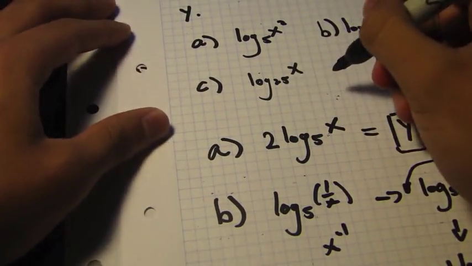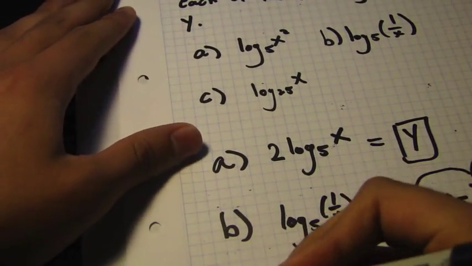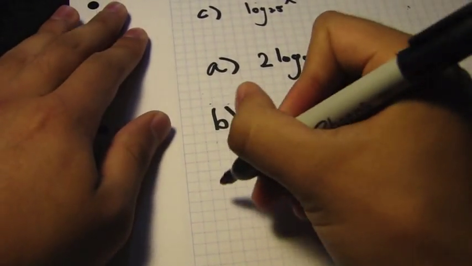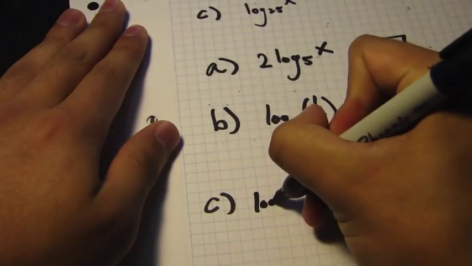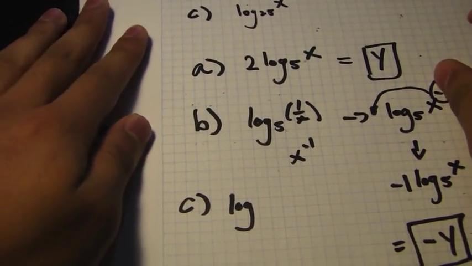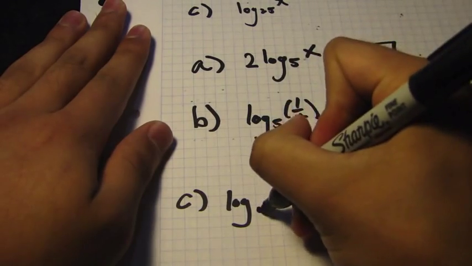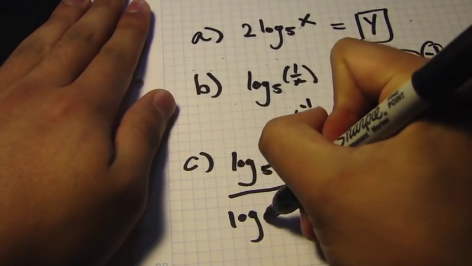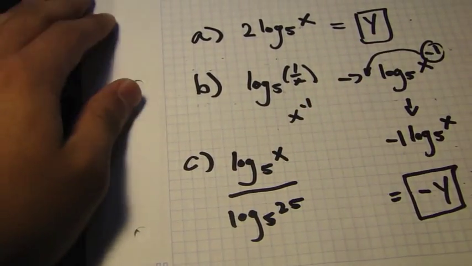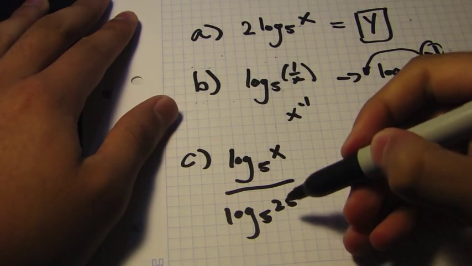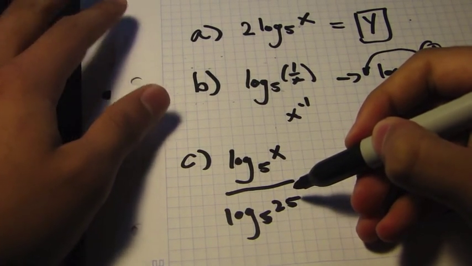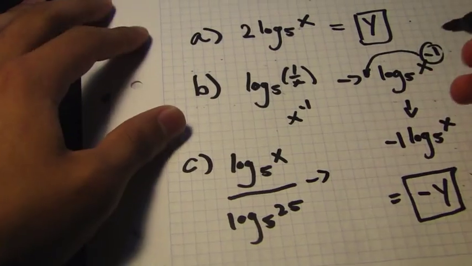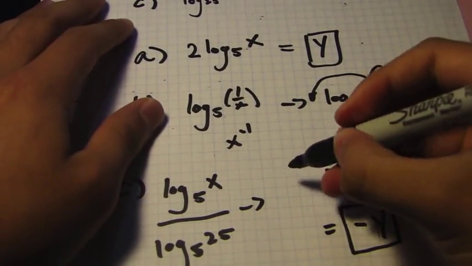Here we need to change the base to 5, so you just use that change of base rule, and you will get log base 5 x over log base 5 25, and now log base 5 25 can be written as, sorry, I'm running out of room here.